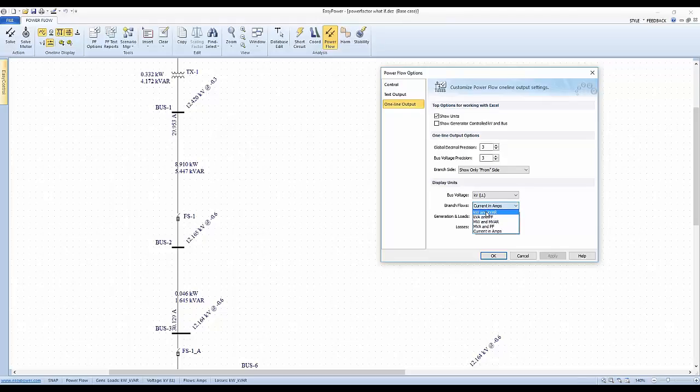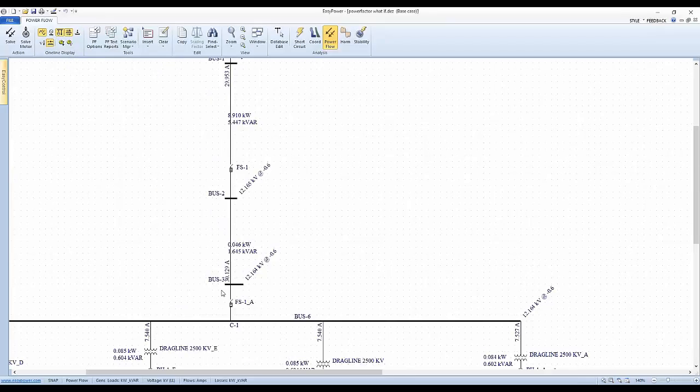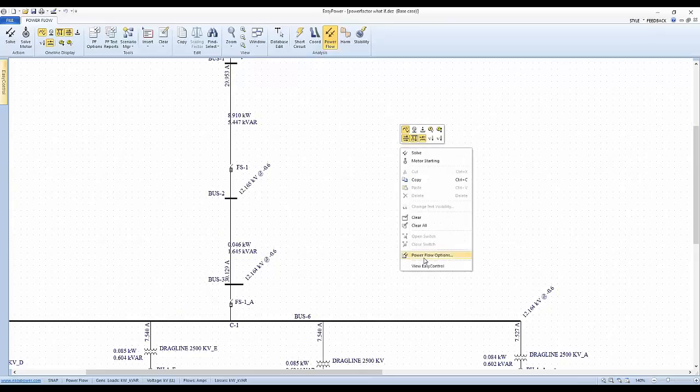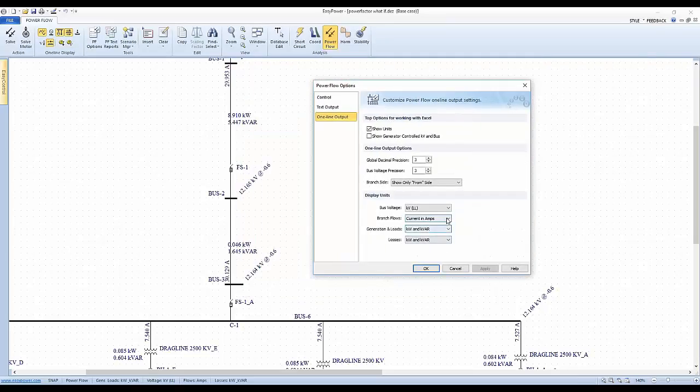If I want to look at current in amps, and then we look at our branch flows, we'll see that we have 30 amps in this case, in this particular leg.